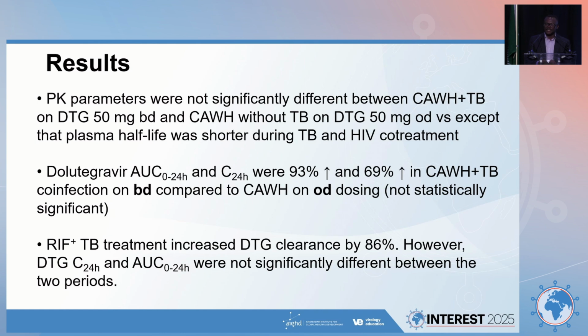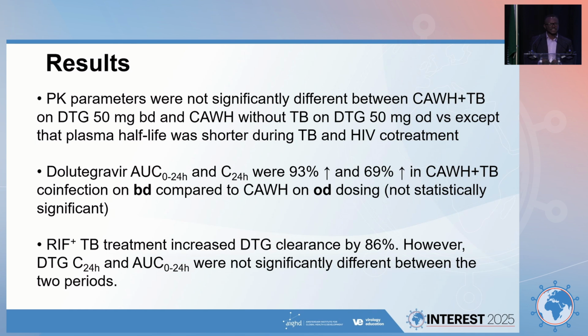We found the area under the curve and the trough concentrations were 93% and 69% higher in those co-infected while they were on BD dolutegravir dosing, compared to those who were off, who did not receive rifampicin.